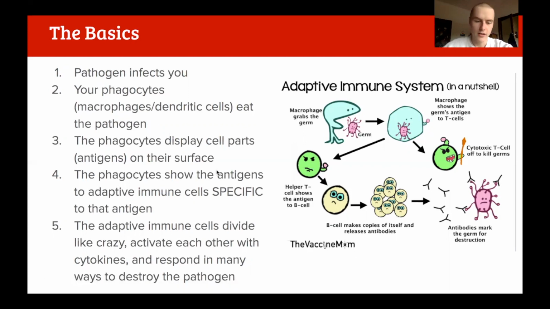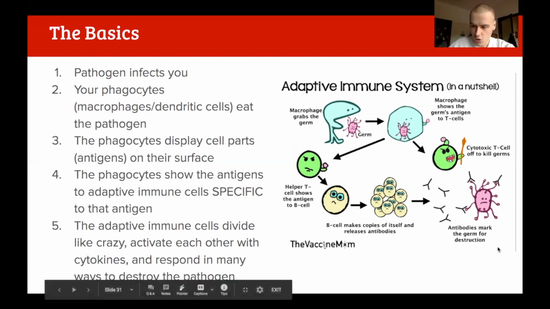It will only ever target that antigen. And once that antigen presenting cell has displayed that antigen to the specific B cell or T cell, that adaptive immune cell becomes activated, starts dividing, and also will do other special roles, which include releasing cytokines and producing antibodies.